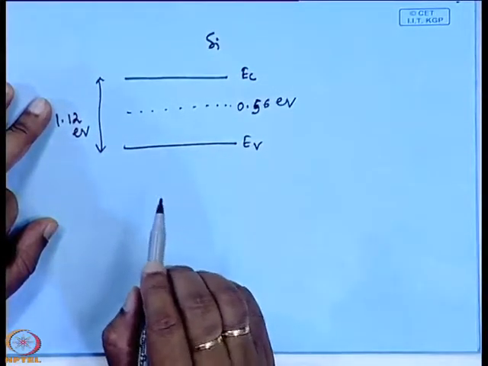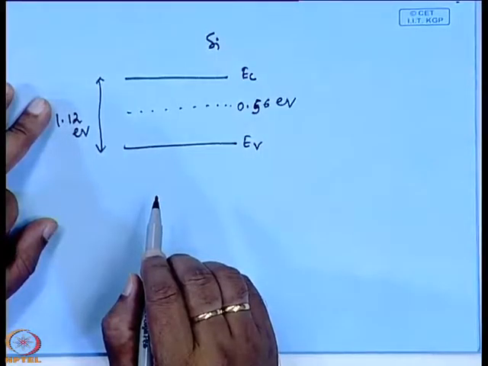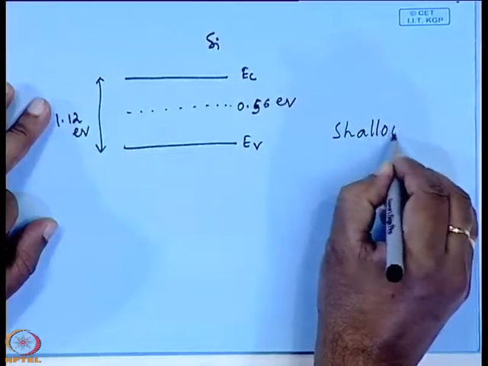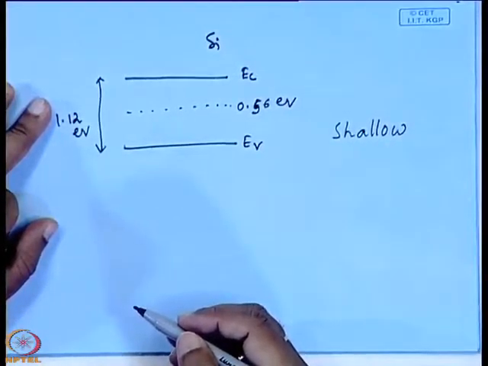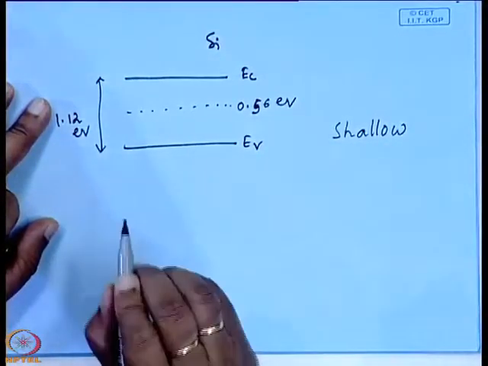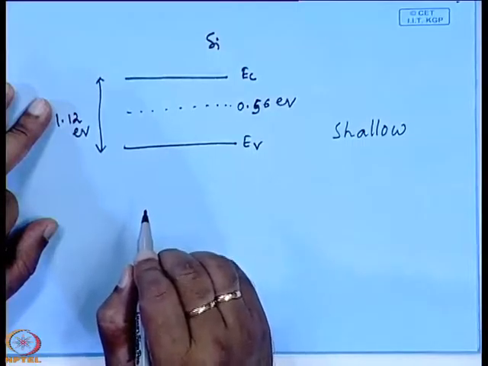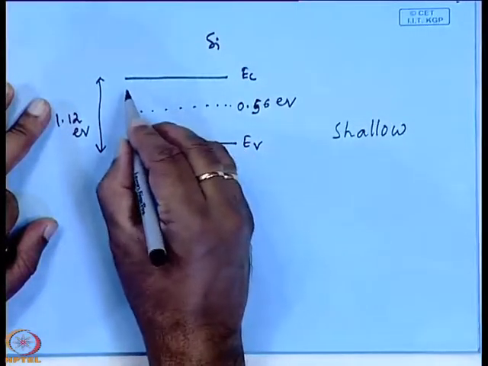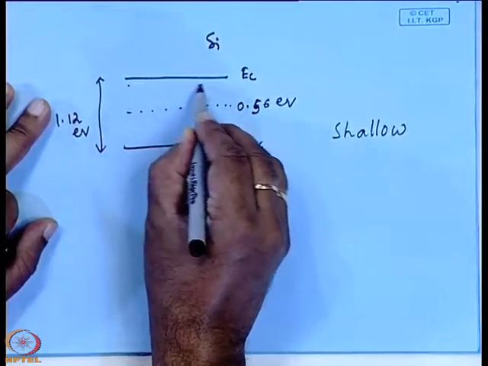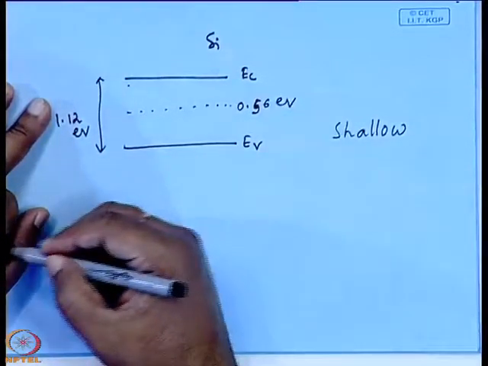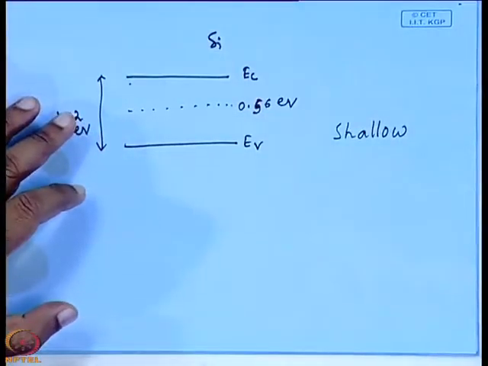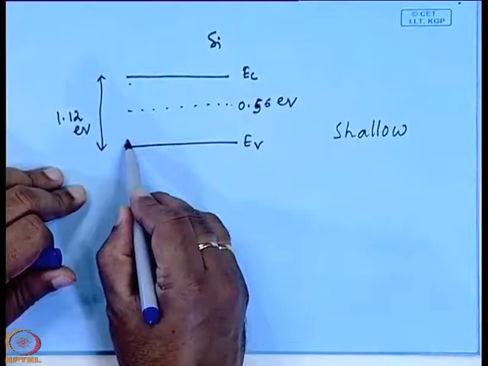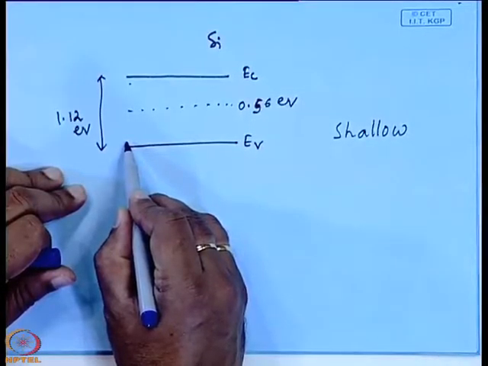Now, when we talk about doping, basically those are shallow in nature, shallow. That means for donors, they will occupy the position just below the conduction band edge, and for acceptors, they will occupy the position just above the valence band edge.